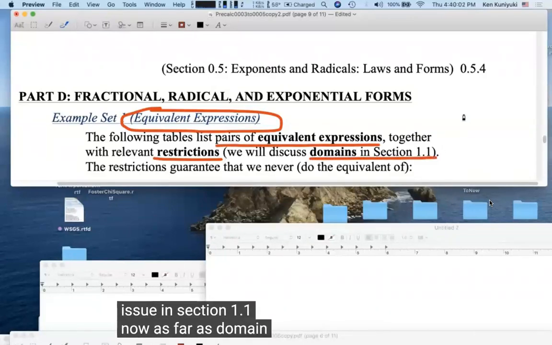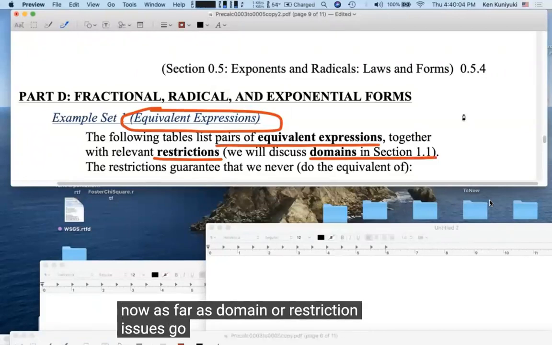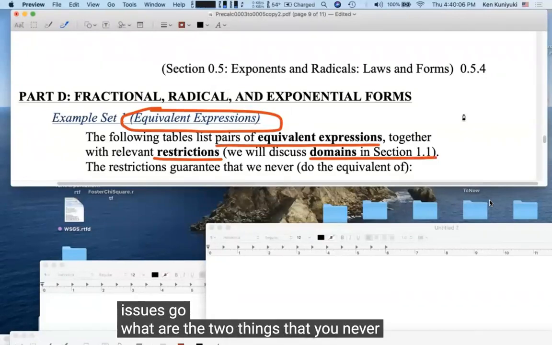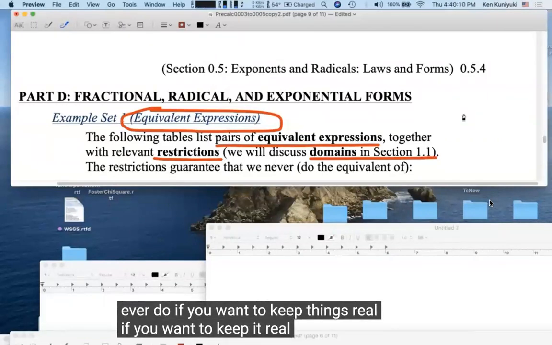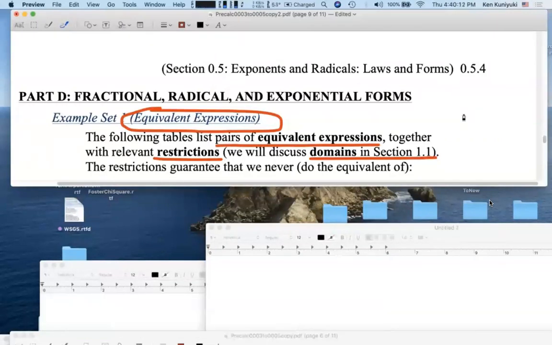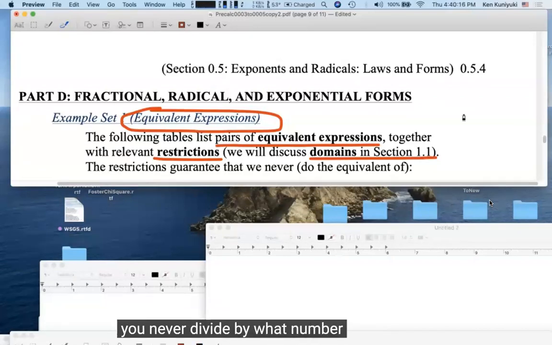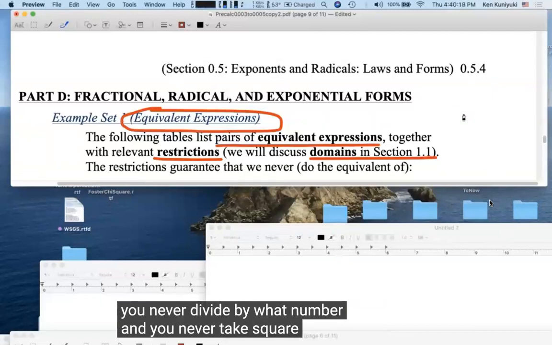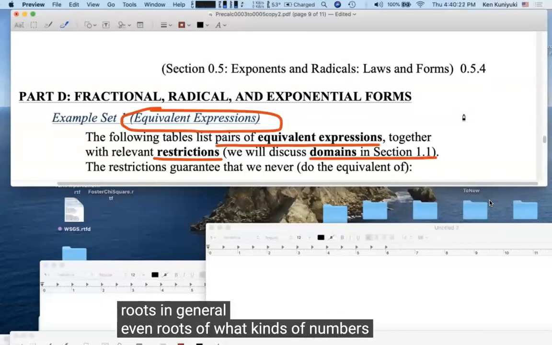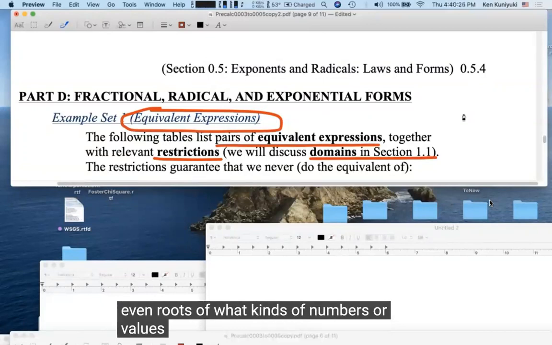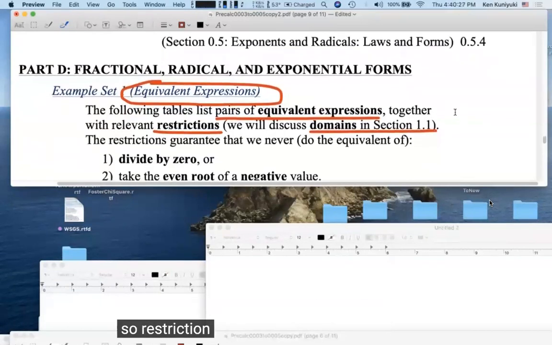Now, as far as domain or restriction issues go, what are the two things that you never ever do if you want to keep things real? You never divide by what number? And you never take square roots, fourth roots, in general, even roots of what kinds of numbers or values? So, restriction issues.